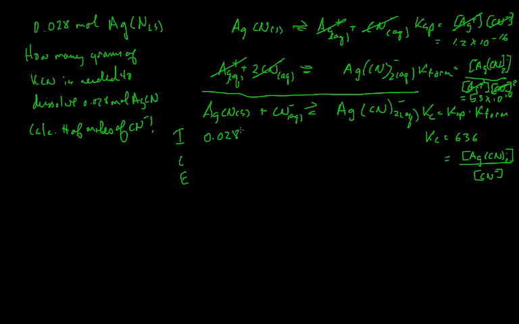And the key point here is that if this completely dissolves, we would have 0.028 moles of silver, and you'd also have 0.028 moles of cyanide.